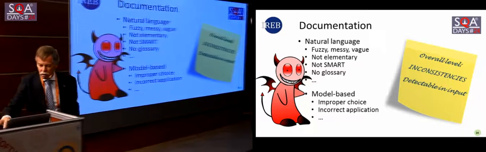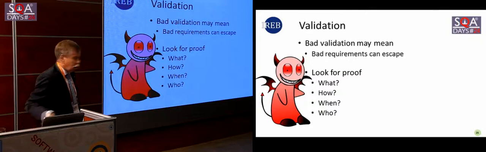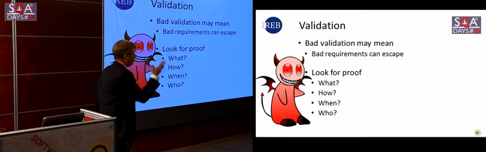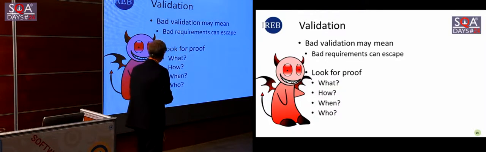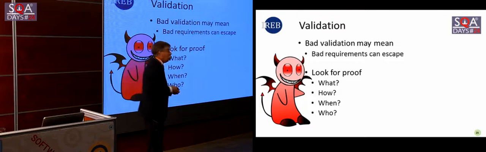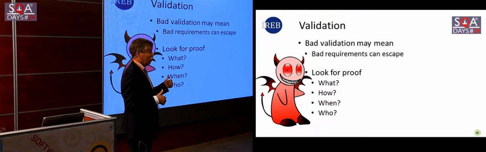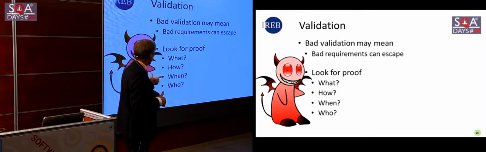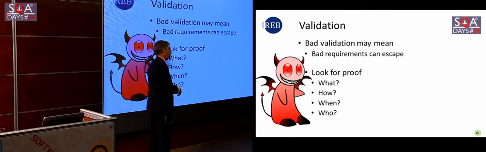Same is for validation. Bad validation means that, well, bad requirements can escape to the next phase in your project. And, well, they're still bad, but if they're ugly, you won't find them, and if they're bad, you can capture them. So, for bad validation, as a tester, you could look for proof.